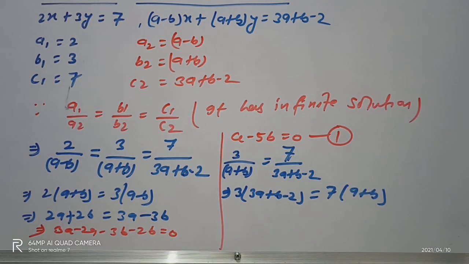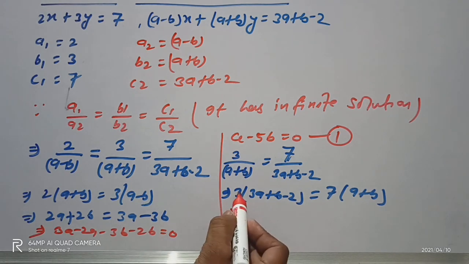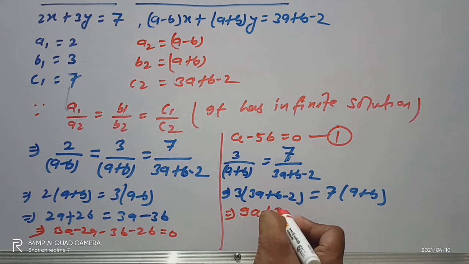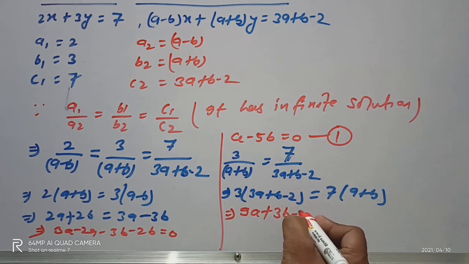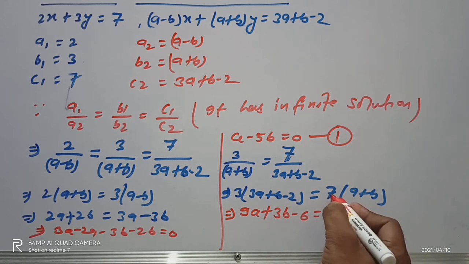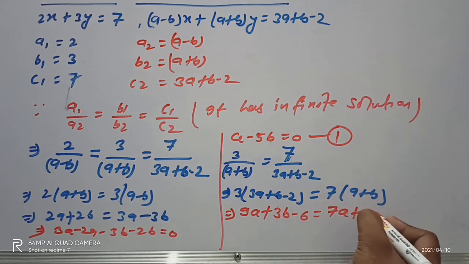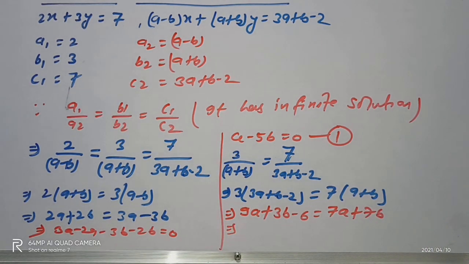Now with this you are supposed to find the equation. We can see 3 times 3a is 9a, and 3 times b is 3b, and 3 times minus 2 will be minus 6, equal to 7 into a which is 7a, and 7 into b which is plus 7b. Now when all these come to one side, we can easily find the equation.